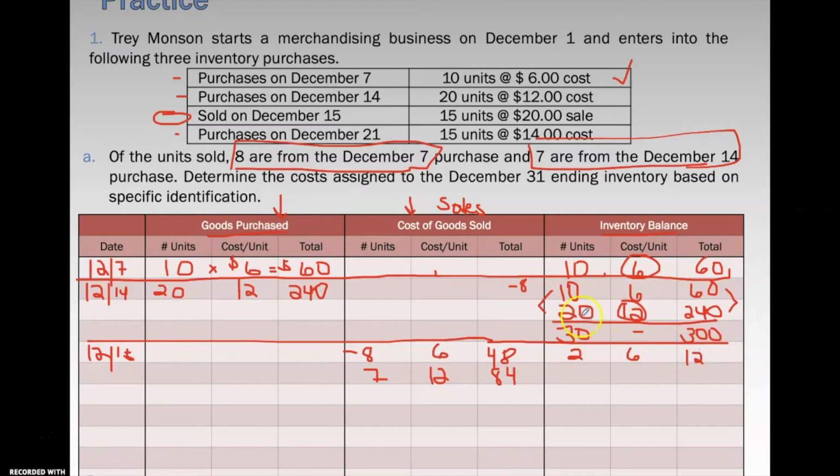These 20 units I had from the December 14th purchase, I sold 7. So how many do I have left? 13. And remember, they cost me $12 each. So we want to do 13 times 12, using my calculator, 156.